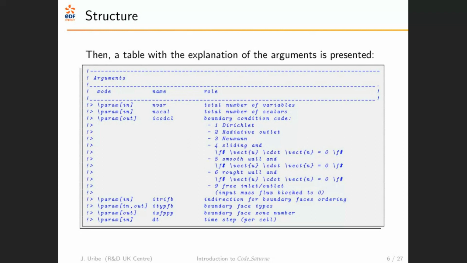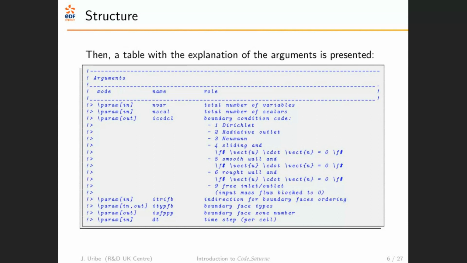So after that, you have a list of arguments, normally what goes in and out of the subroutine. In this example, you have the name of the variable and a brief description of what it does.